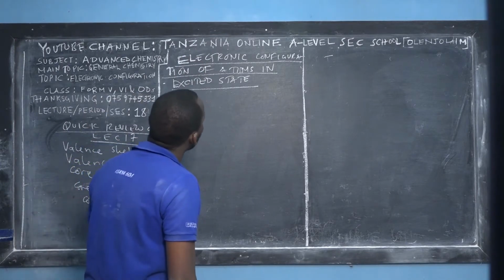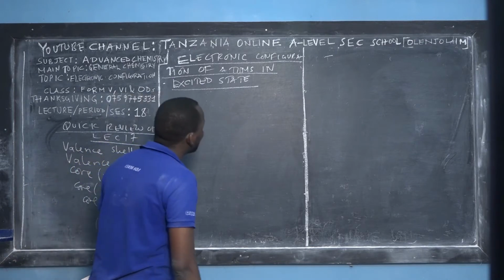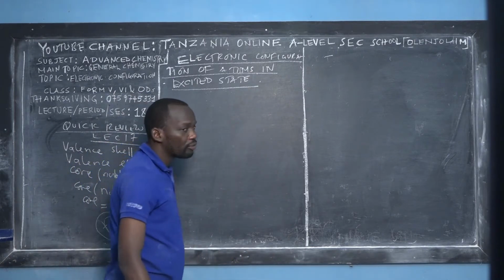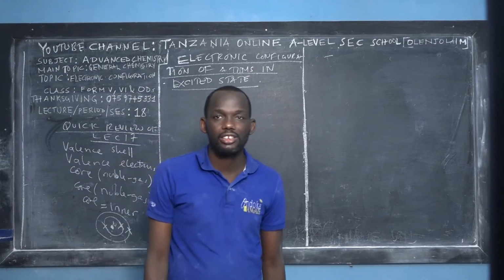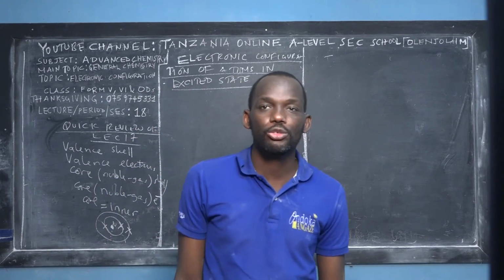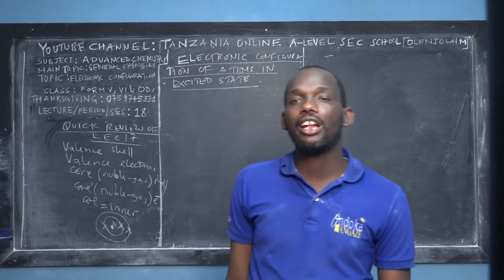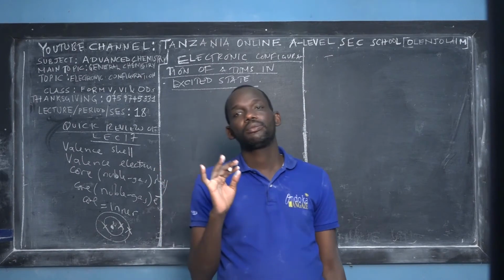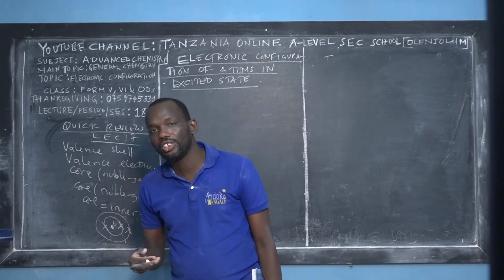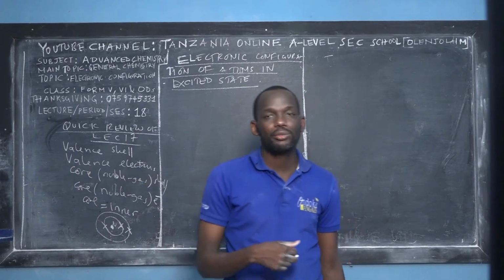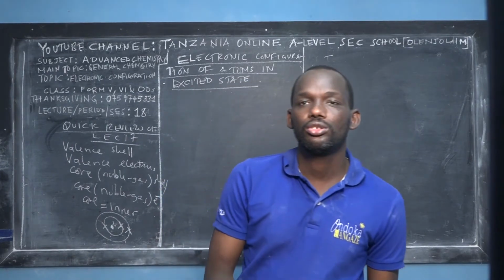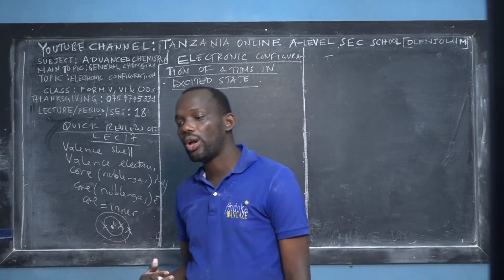So, electronic configuration of atoms in excited state. First of all, what does excited state mean? When I taught you about the hydrogen spectrum, we found that an atom can be in 3 states: at ground state, in excited state, or at infinity regions. Those are the 3 places where electrons can be.